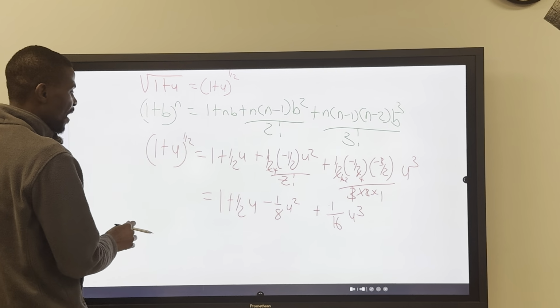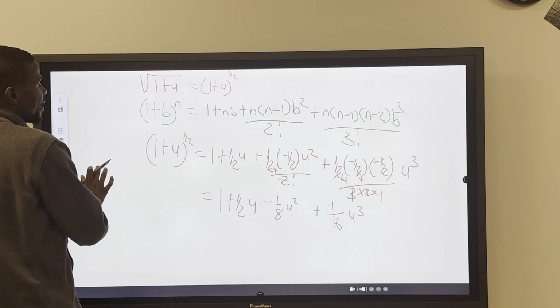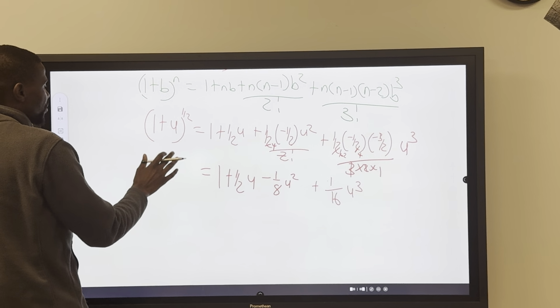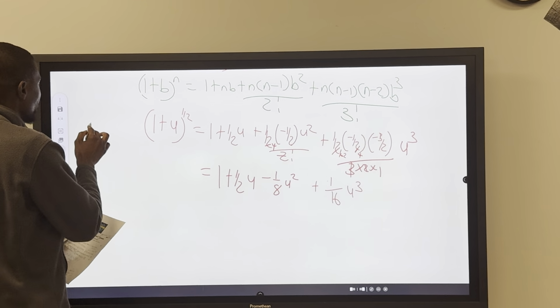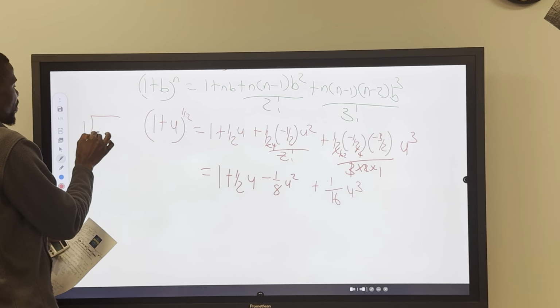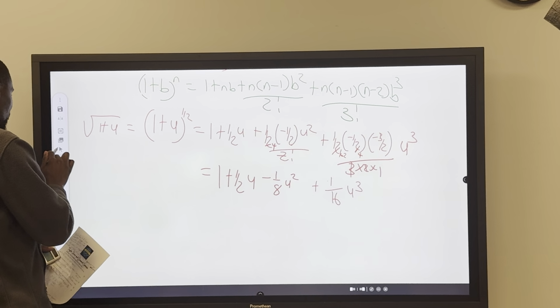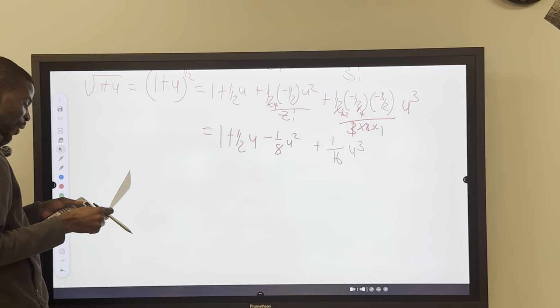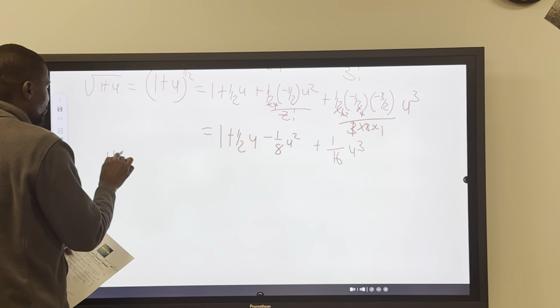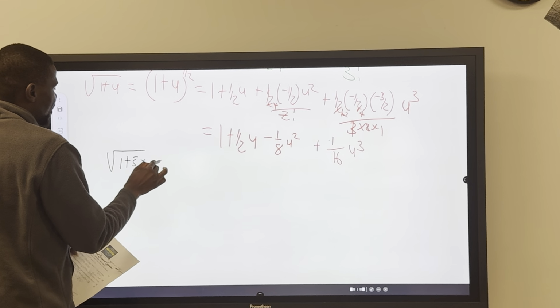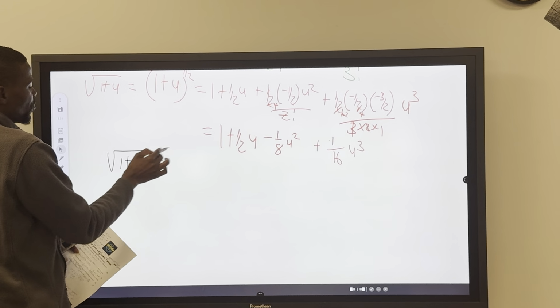Now, the reason why I expanded in terms of u: remember, it was just square root of 1 plus u. Now, coming back to our case, we have square root of 1 plus 5x. So we're just going to replace u with 5x.